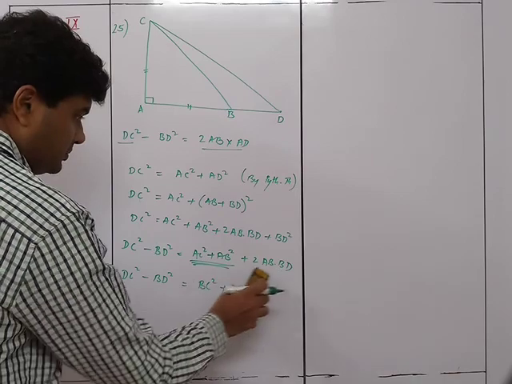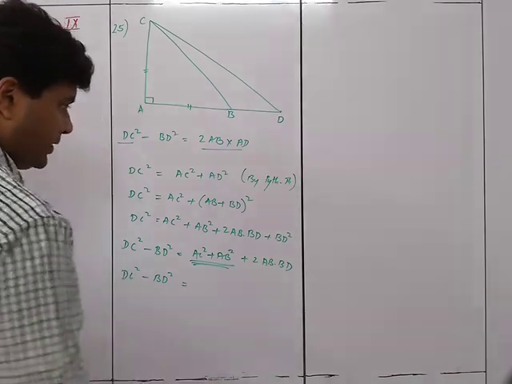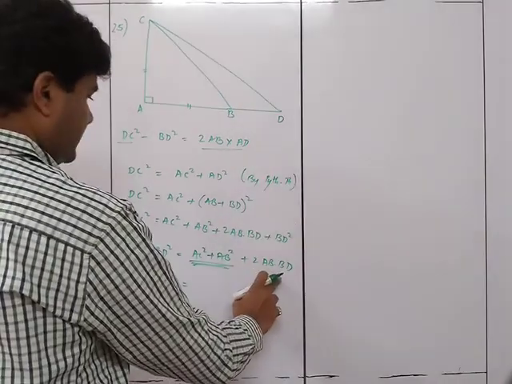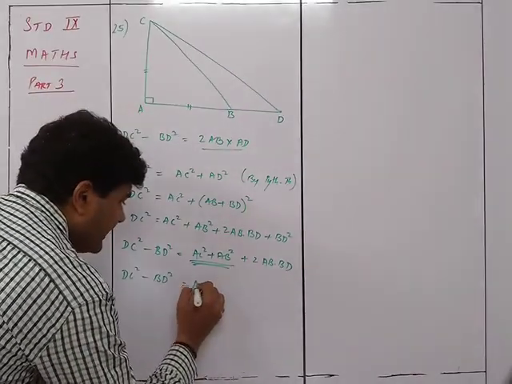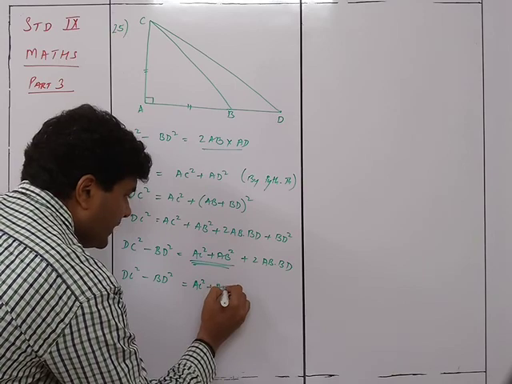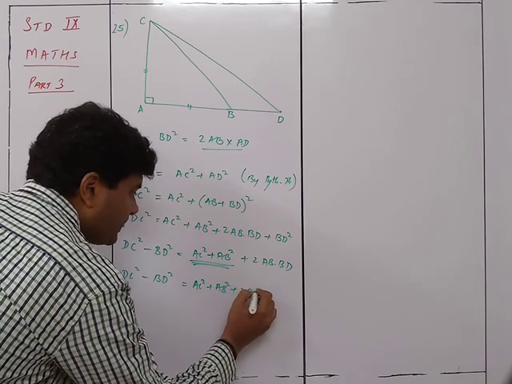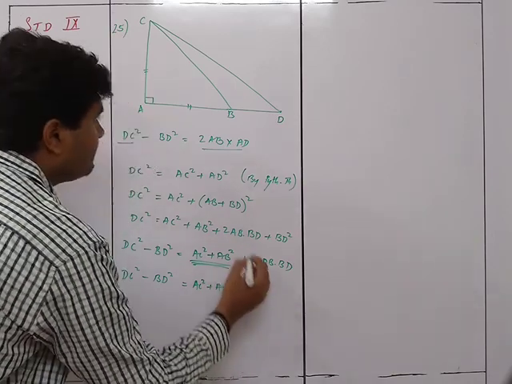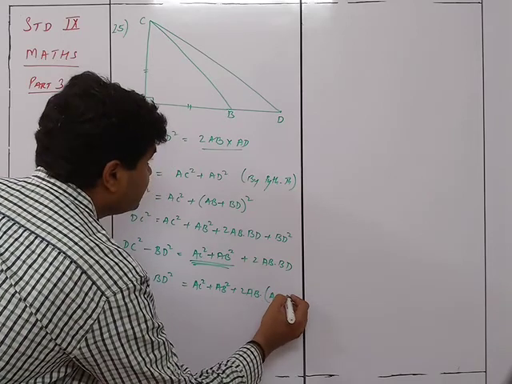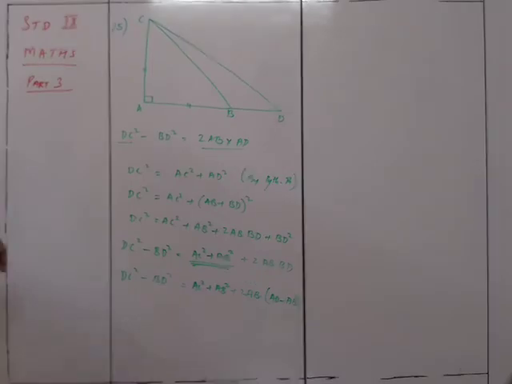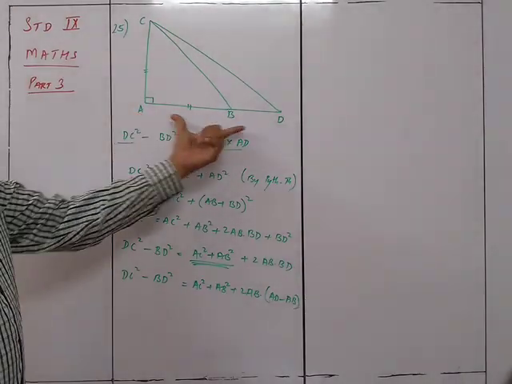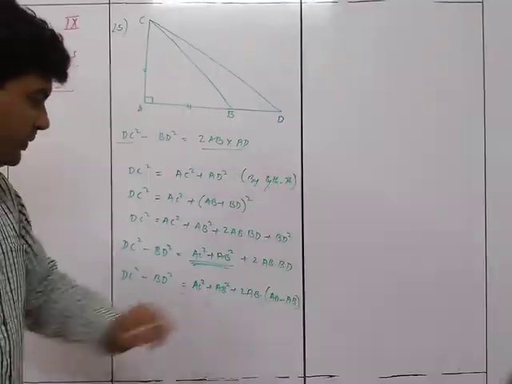Now in place of BD we want over here AD minus AB. It is AC square plus AB square plus 2AB into BD, where BD is nothing but AD minus AB. That is what we are getting here.